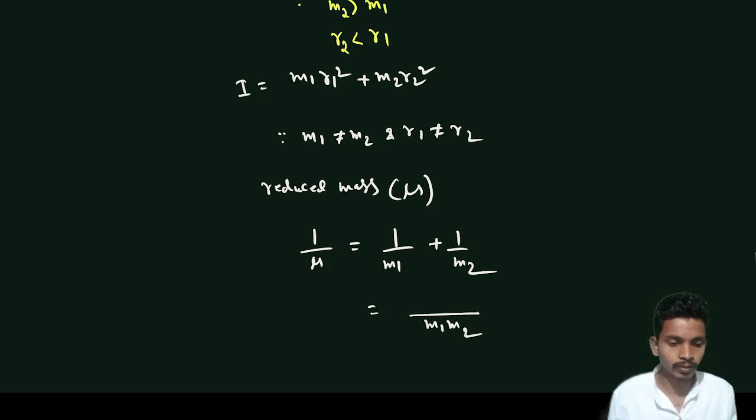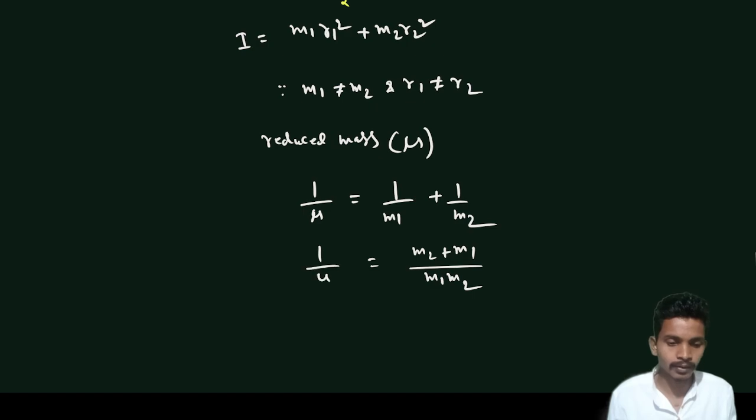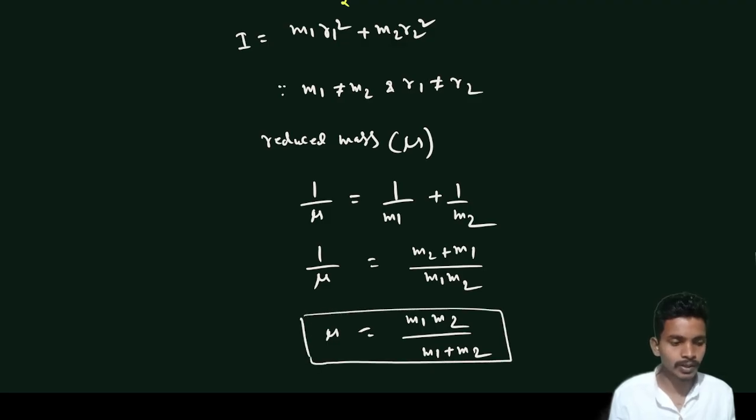M1 plus M2 upon M1 M2. This is 1 upon reduced mass. So reduced mass is equal to M1 M2 upon M1 plus M2. This is the reduced mass.